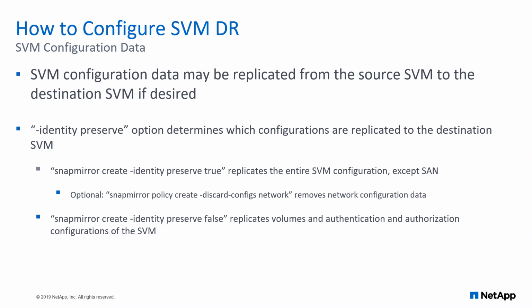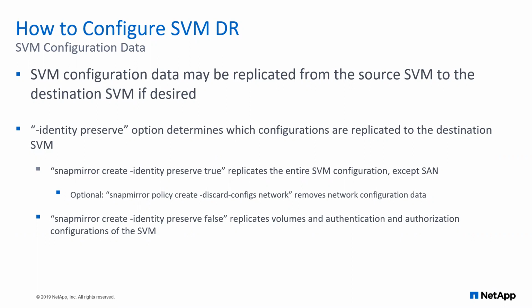Then it's also good to know, and by the way, the next two slides will be pictures of these options so you could get a better picture of what's going on, no pun intended. But you also have the option, if you use identity preserve true, when you create your SnapMirror policy, you can use the discard configs network option. If you want everything else to go over except for the network configuration.